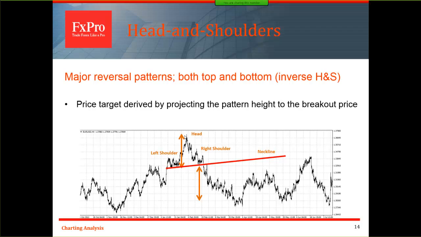The good thing about head and shoulders formation is that just like with triangles, you can get some price target. The price target is derived by projecting the pattern height, i.e. from the neckline, which is this support line you see here, to the high, and thereafter from the breakout level, so you had the break of the neckline downwards, basically, in this head and shoulders.